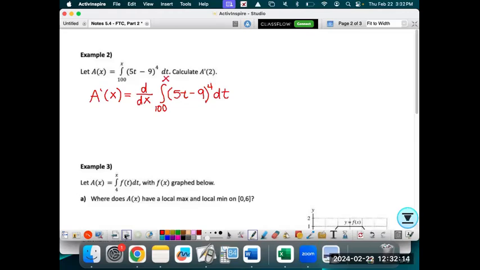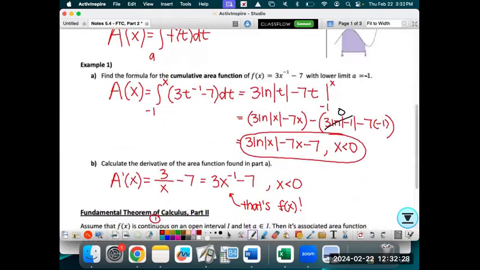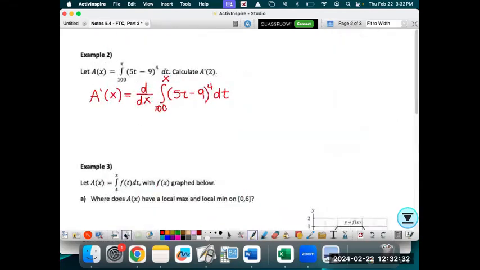Okay, so you could technically go ahead and evaluate your area function integrand and get a nice formula like we did back in example 1. And then you could end up taking the derivative like we did in part B. But do you notice how you'd have to multiply 5t minus 9 out 4 times before you could even get to doing the integration?